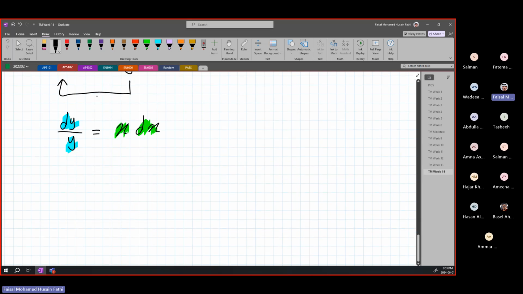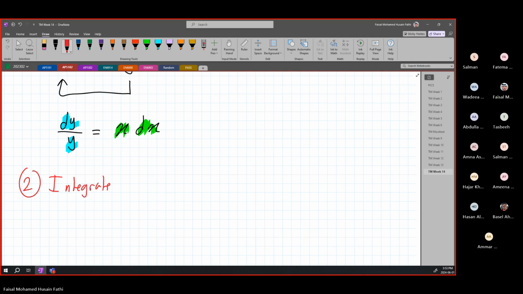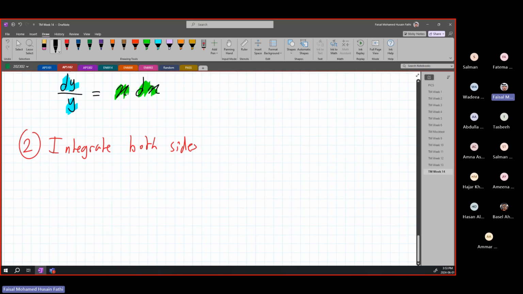So now we can move on to the second step, which is integrate both sides. Okay? So dy by y is, in other words, the integration of 1 over y dy equal to the integration of x dx.